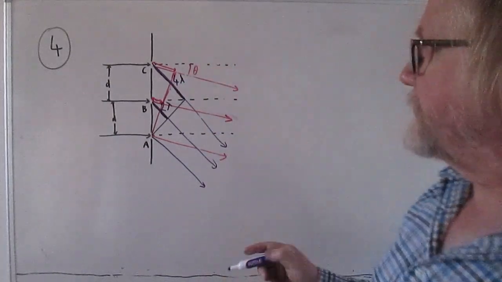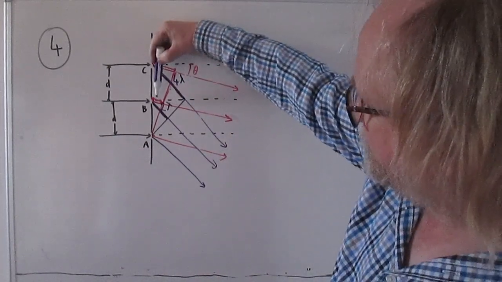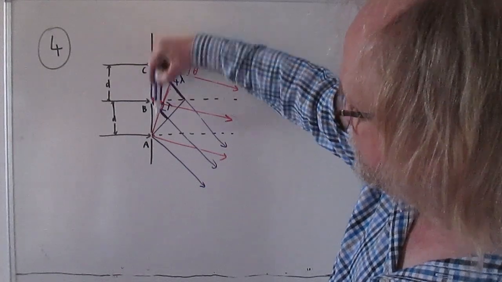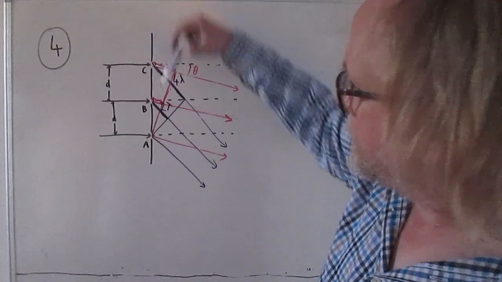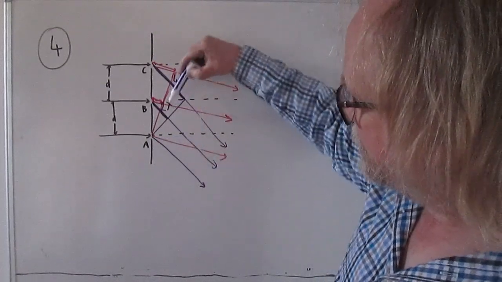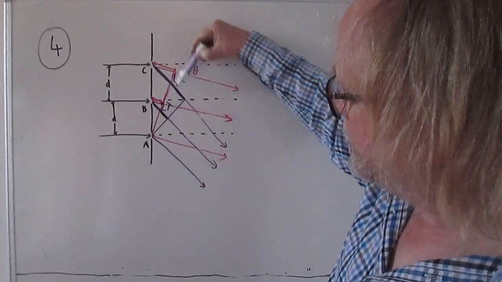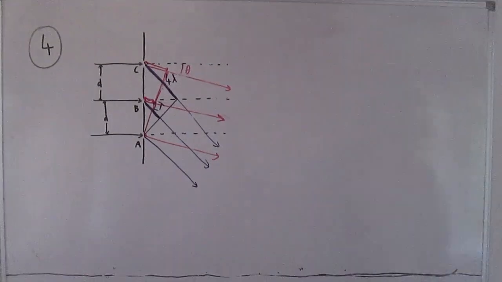So that's the difference: for the first order lines the path length difference is 1 wavelength between adjacent slits and 2 wavelengths there, but for the second order one it's 2 wavelengths there and 4 wavelengths there.